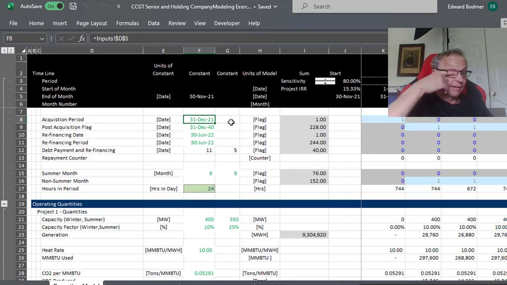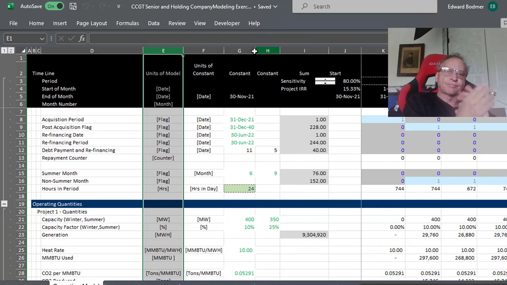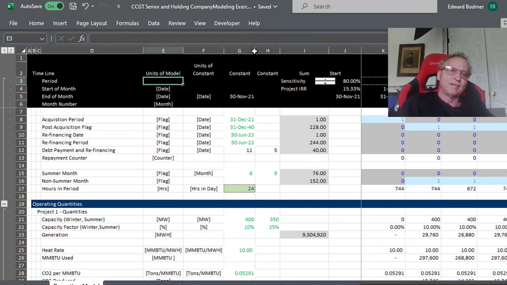Okay, so let's just walk through very quickly the operating model and get to it. So the first thing, of course, is now I've been going around about this. I think perhaps I'm pressing Shift Control Plus. I think maybe putting the units for the model, and then the units that we take from the constant might be a good thing.